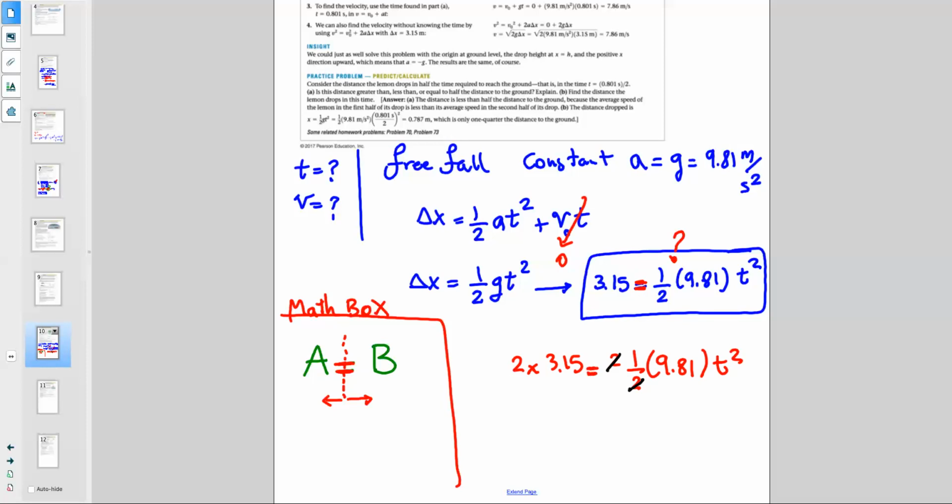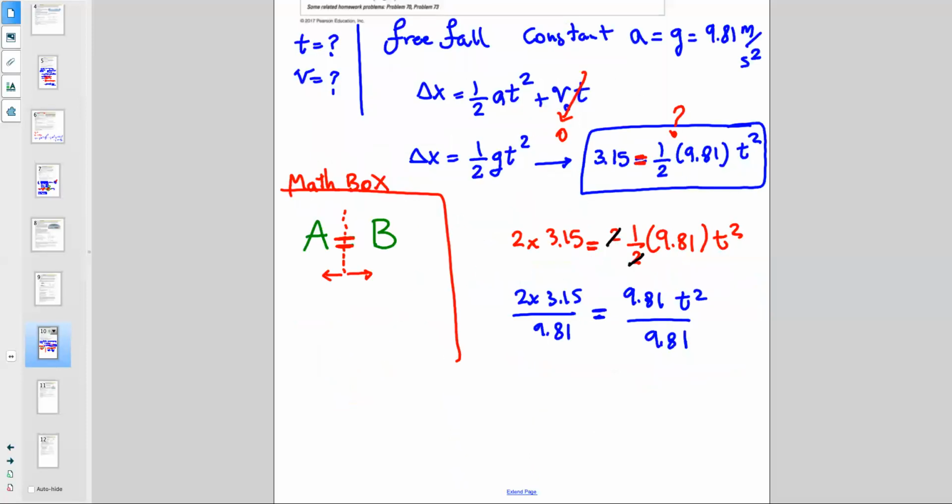Now, if you divide everything by 9.81, 2 times 3.15 divided by 9.81 equals 9.81 t squared divided by 9.81. The 9.81s cancel out, so I have 2 times 3.15 over 9.81 equals t squared.